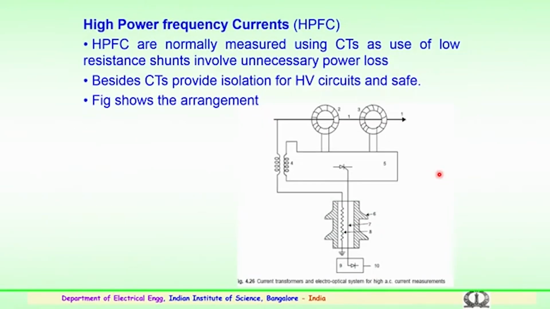For measurement of very high power frequency currents, the methods used are current transformers and an electro-optical system, as shown in the circuit here. The high power frequency currents are normally measured using CTs, current transformers, as the use of low resistance shunts involves unnecessary power loss.